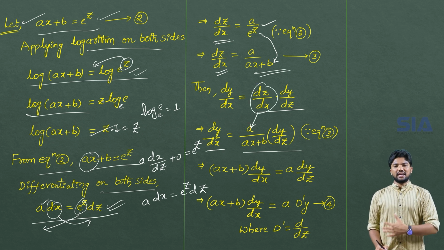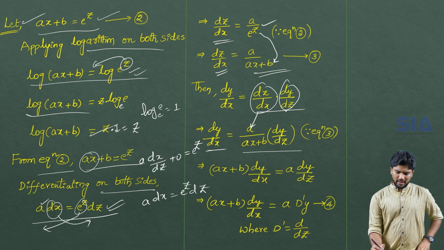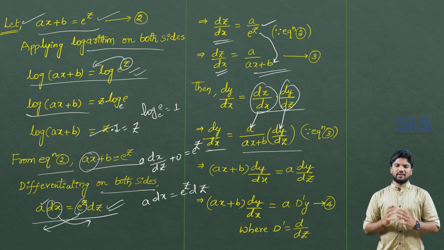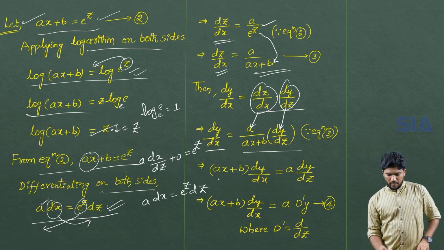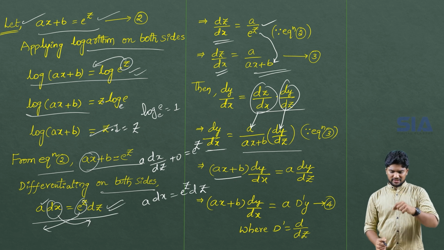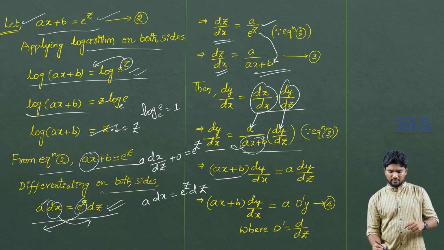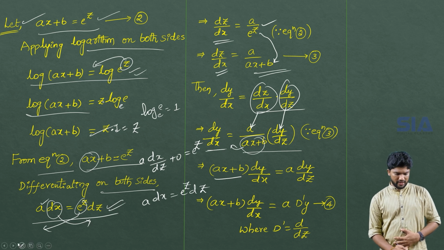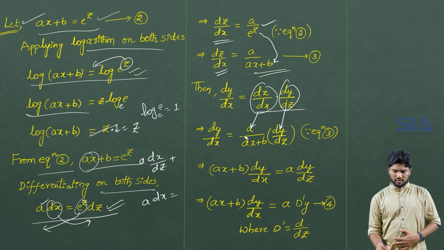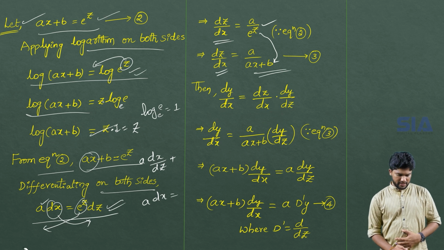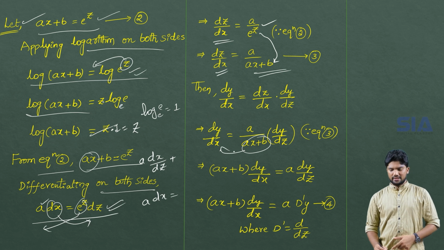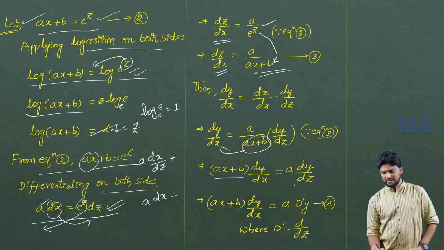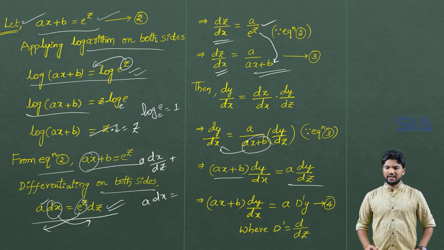Now send this ax plus b value to LHS, then ax plus b into dy by dx is equal to a into dy by dz.